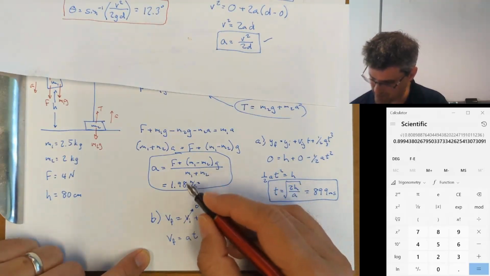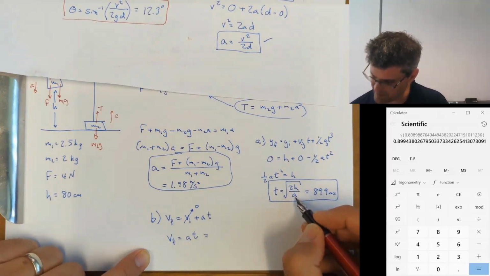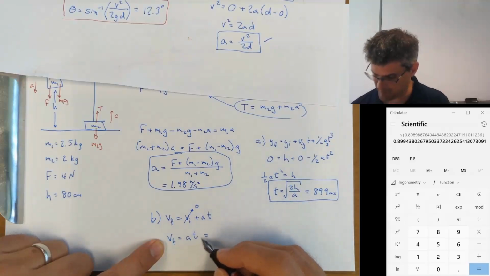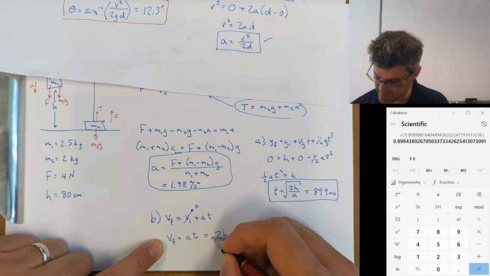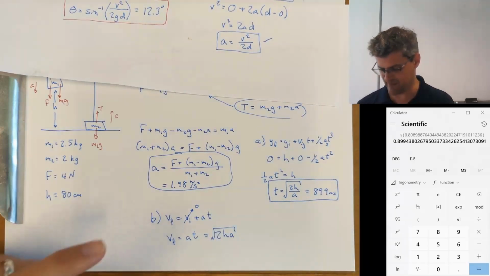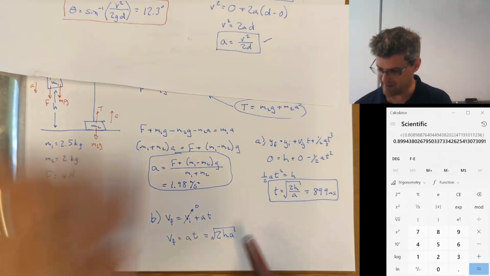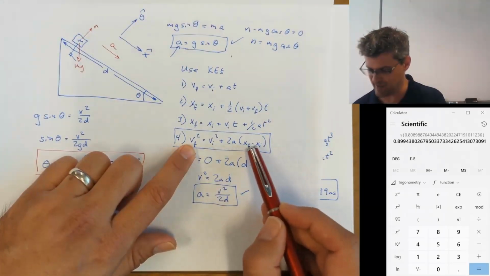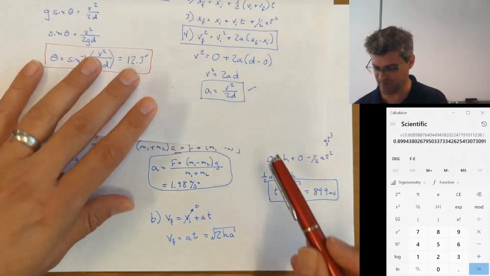A is whatever number it is, but t is 2h over a. By multiplying by time, it becomes this. So if I know h, I know a. The same thing we would have gotten from here. Final velocity is the square root of 2ah.